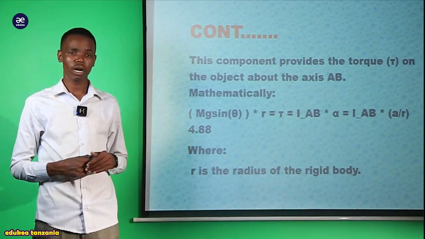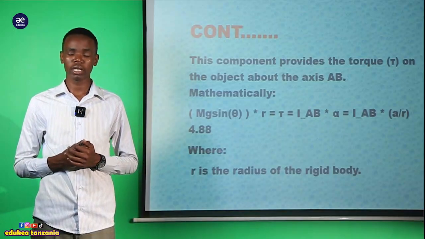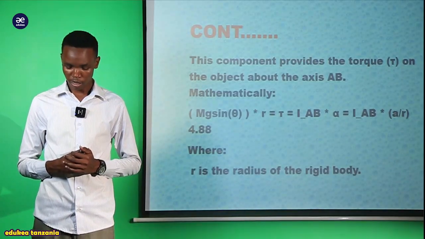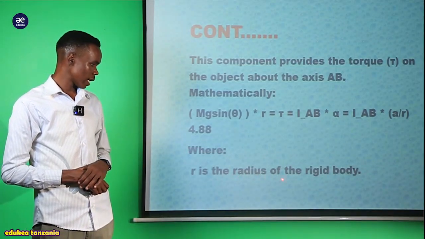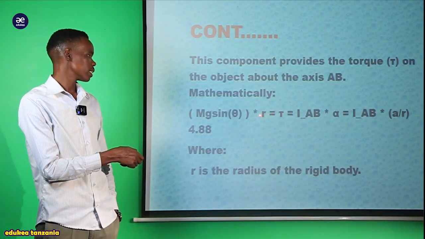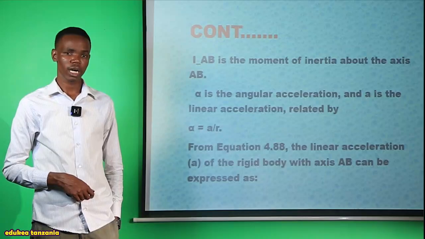Or you can get it by taking the moment of inertia along AB times the linear acceleration divided by R, where R is the radius of the rigid body.